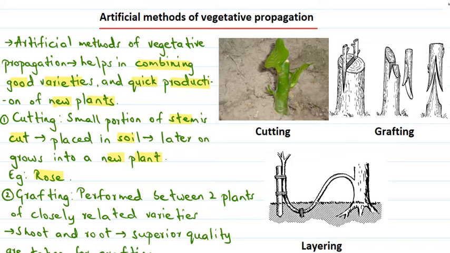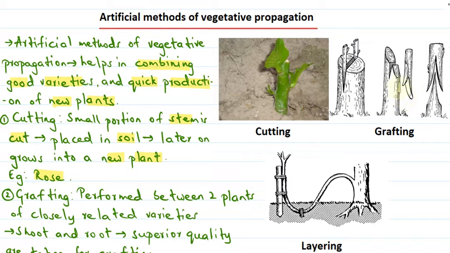Then we discussed grafting. It is performed between two plants which are closely related varieties of each other. A shoot and a root of plants of superior quality are chosen for grafting. The shoot is called the scion and the root is called the stalk.